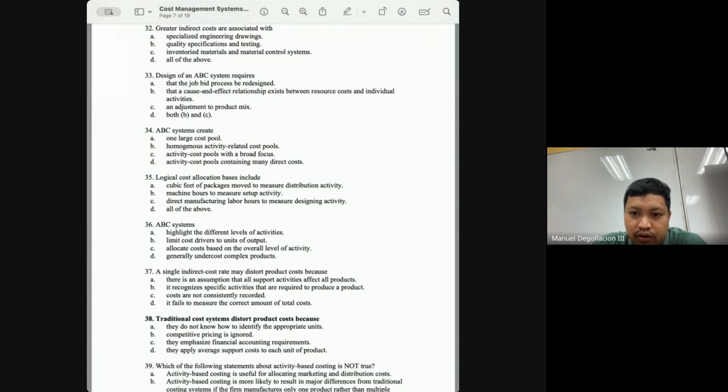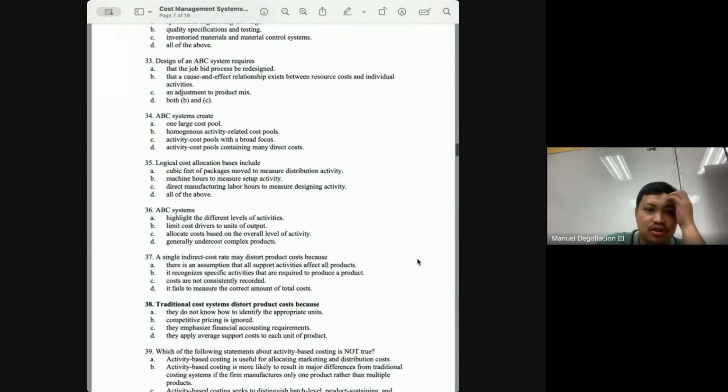Letter D is also incorrect. Activity cost pools, that is focused more on specific indirect costs. So the best answer for number 34 is bravo.